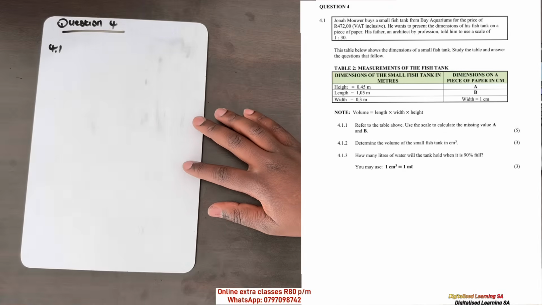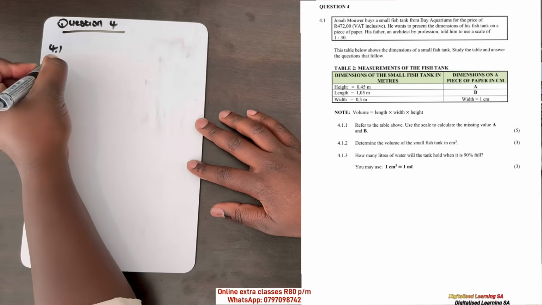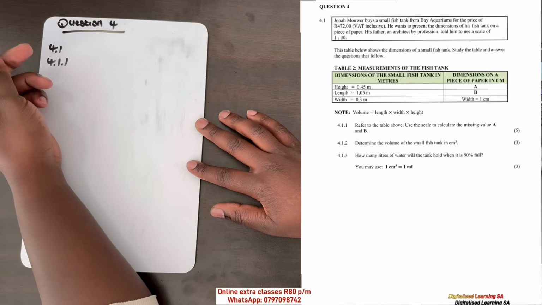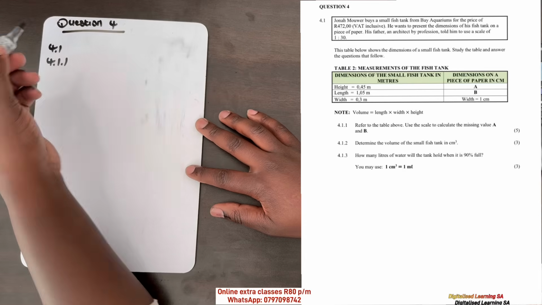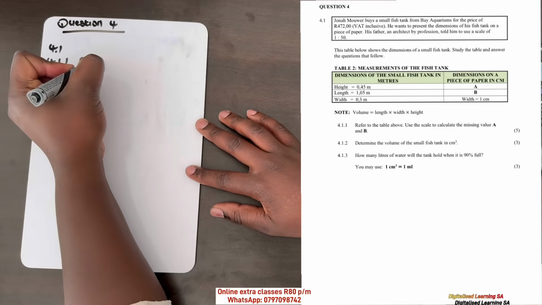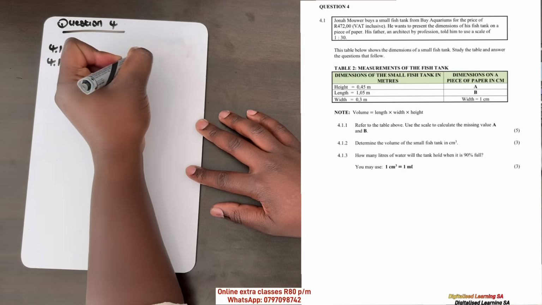Okay, so we'll start with question 4.1.1. Question 4.1.1 says, refer to the table above. Use the scale to calculate the missing values of A and B. Remember, our A and B need to be in centimeters.